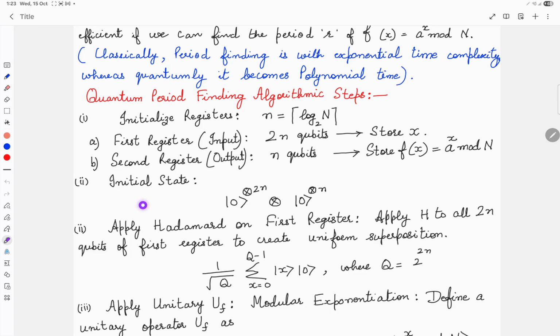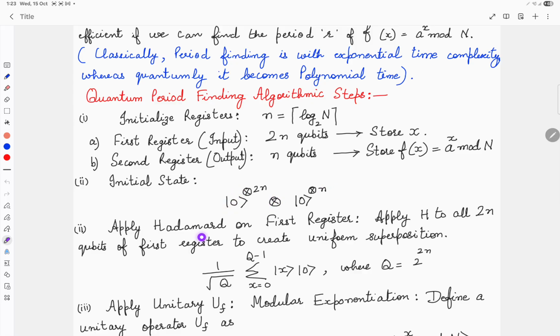Now we initialize the state. So the initial state will be all zero states for the first register and the second register both: |0>^{⊗2n} for the first register and |0>^{⊗n} for the second register.